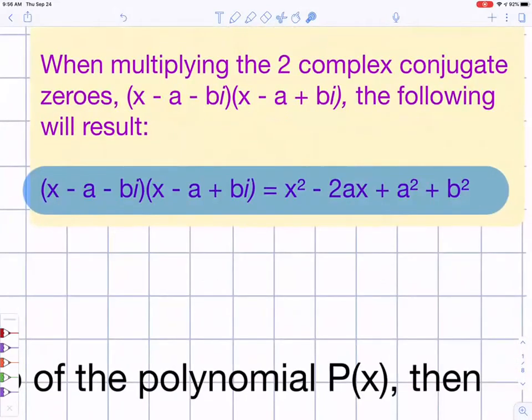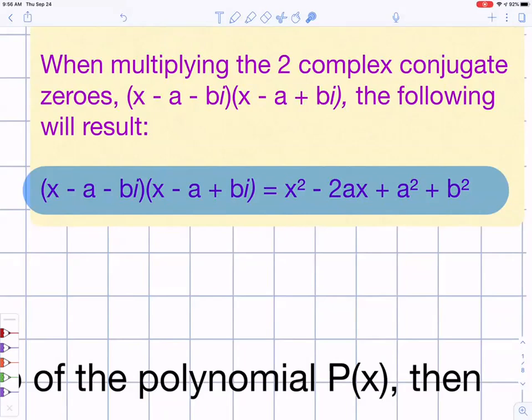Notice that the left-hand side of the equal sign looks a lot like what we're about to multiply with the 3's and the 4's in it. The right-hand side is what we want to memorize. Now, what letters are used on the right-hand side? A's, B's, and X's, right? That's it. A's, B's, and X's.